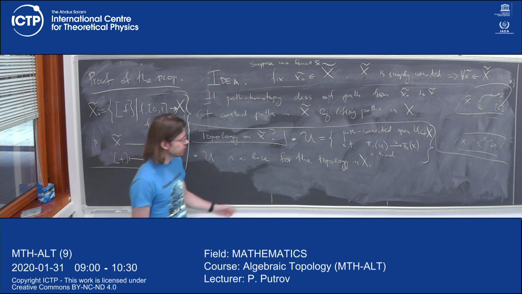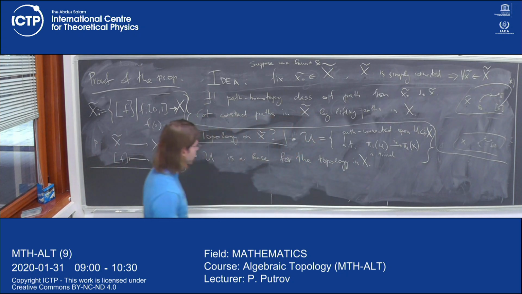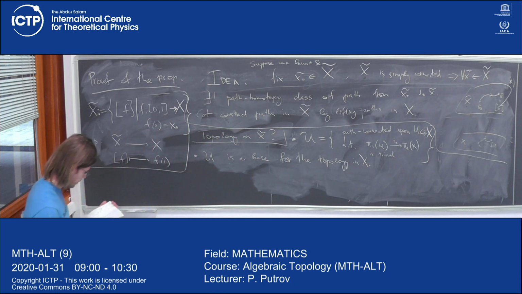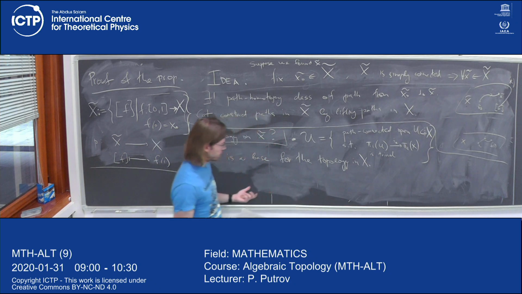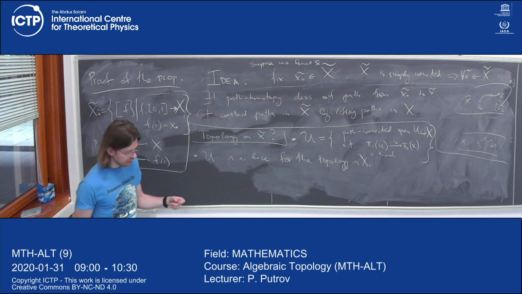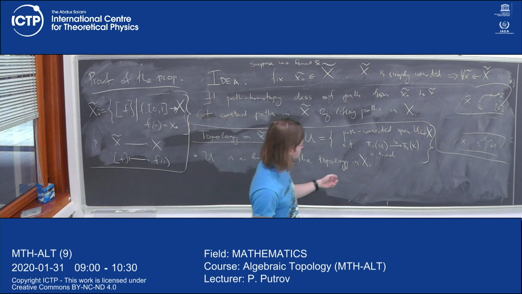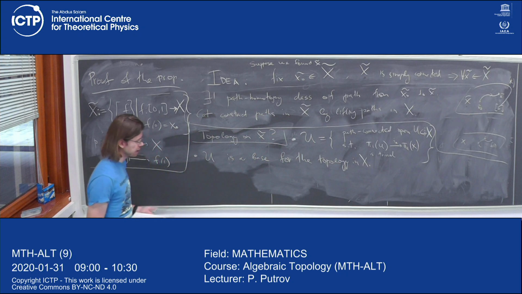But we want to show that those still form a base for the topology in X. To show that this is a base, we need to show that any open set, particularly any neighborhood, can be covered by sets in U.